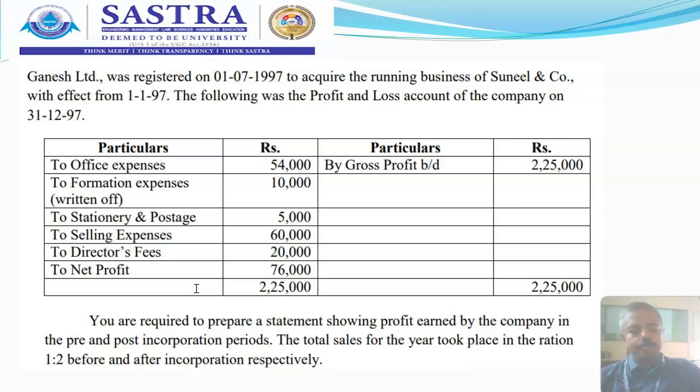Allocation never happens, only apportionment is possible. So the office expenses, which come around rupees 54,000, are purely fixed expenses. Every month we will have fixed expenses. It has a fixed cost nature. Hence, this has to be apportioned based on time ratio.